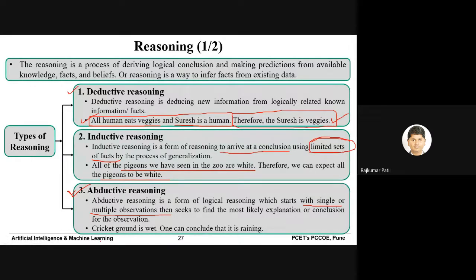So suppose you find that the cricket ground is wet, then you may conclude that the ground is wet because it is raining. That could be a justification we can provide based on the single or multiple observations.